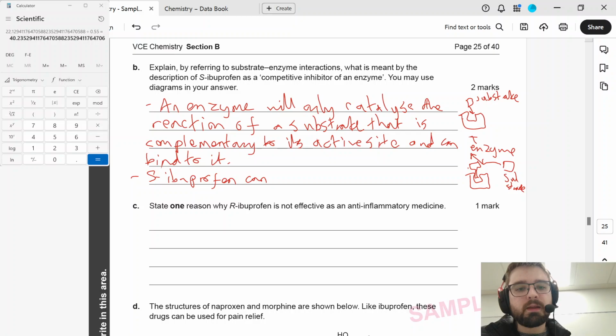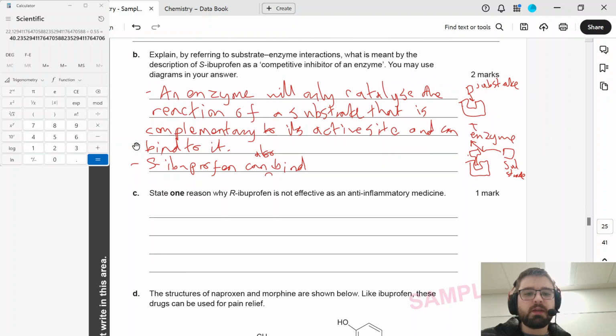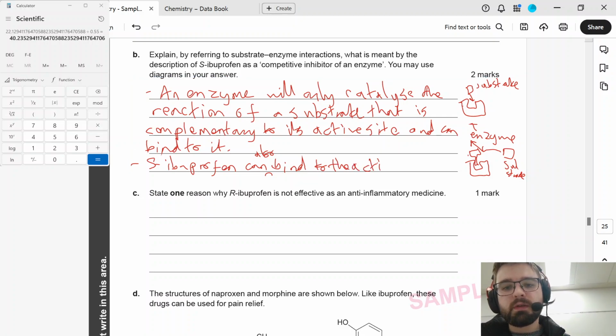S-ibuprofen can also bind. It doesn't tell you what the substrate is, right? Bind the active site. You know what, I could probably just write in this, couldn't I? That would probably make a whole lot more sense. S-ibuprofen can also bind to the active site while it is bound.